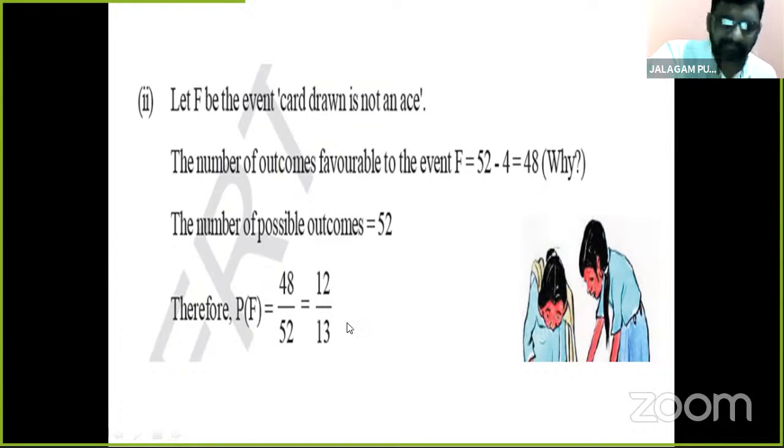We change it into the smallest fraction: 4 twelves are 48, 4 thirteens are 52. So 12 by 13 is the probability of getting not an ace. When we pick a card, the probability that the card drawn is not an ace is 12 by 13. Okay, we move to the next one.